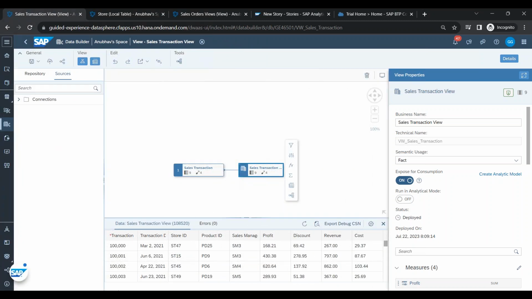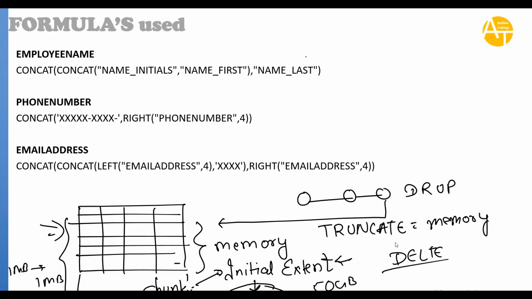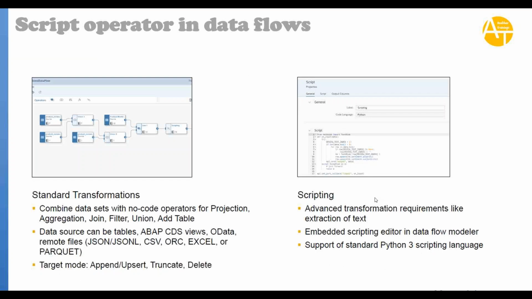The next topic is called Python. Before I get into advanced scripting capabilities in the data flow, I need to explain what Python is. First, let's see what options Analytics Cloud offers us as far as data flows are concerned. There are two broad options: one is standard transformation, as you saw, and the other is scripting. In a standard transformation, we combine the data set with no-code operators for projection, aggregation, join, filter, union, and add table.